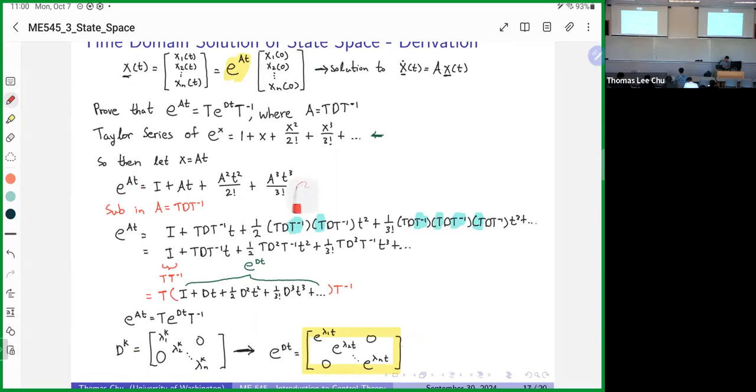And that is our solution for the initial condition response for a system. And all you need to know is the A matrix. And then you can solve it by hand.